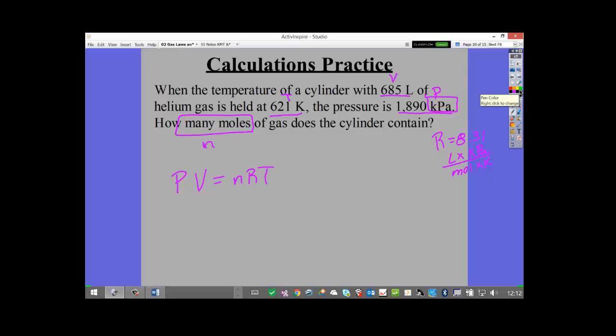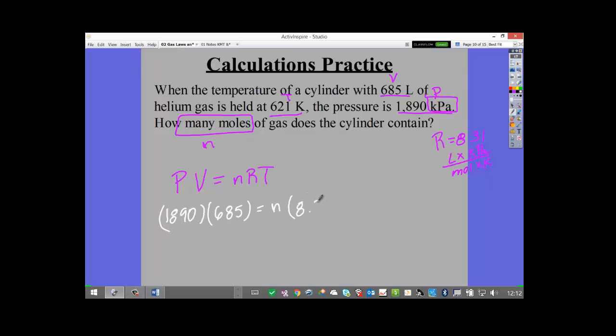Okay, so now all we need to do is plug in the numbers. What's my pressure? 1,890. What's my volume? 685. That's equal to the number of moles, which is what we're looking for, times R. What did we say we were going to use for R? 8.31.